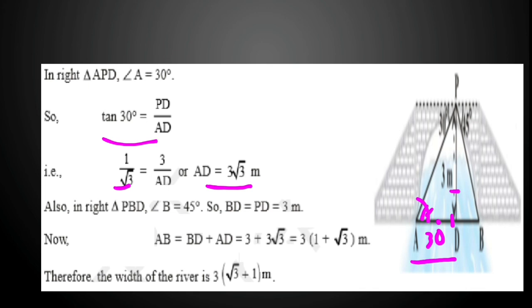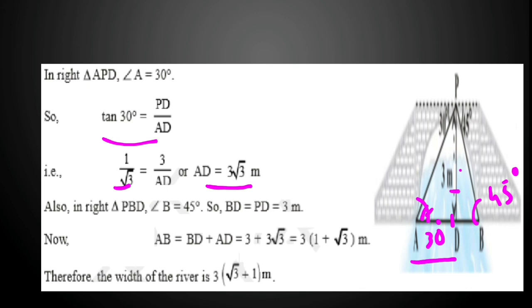Now again, if you take this PDB triangle, this angle is 45 degree. So again you can write that PD by BD is equal to tan 45, and the value of tan 45 is equal to 1.